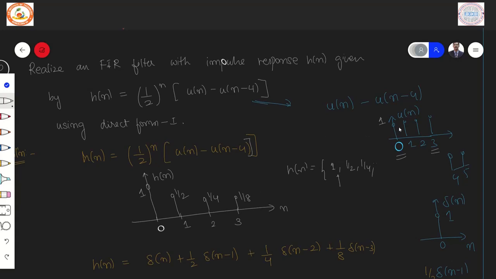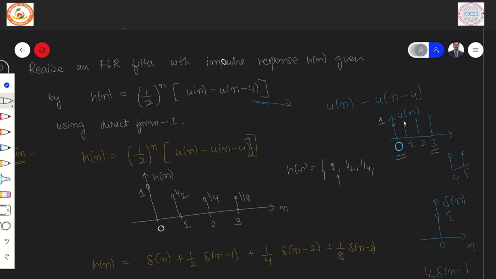And this value is multiplied with the amplitude which is 1 by 2 to the power of n. Therefore, when the value of n is 0, 1 by 2 to the power of 0 becomes 1. Therefore, the magnitude at n is equal to 0 is equal to 1. When you consider n value as 1, the magnitude becomes 1 by 2.